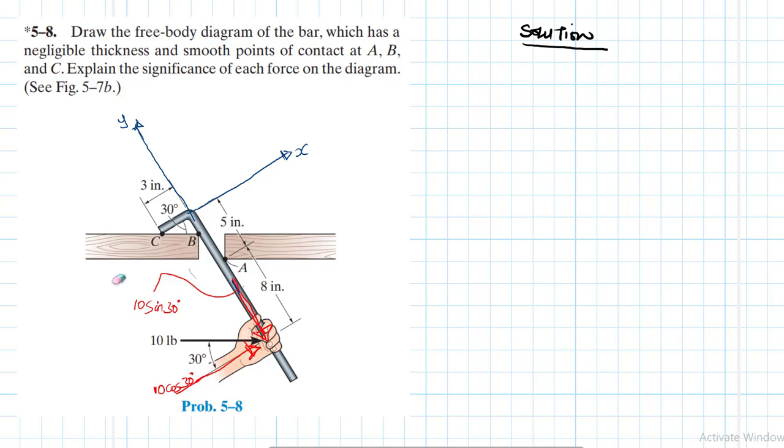Okay, let me write this properly. All right, so this is 10 cos 30, and so there is this force 10 cos 30 exerting a force in this direction.